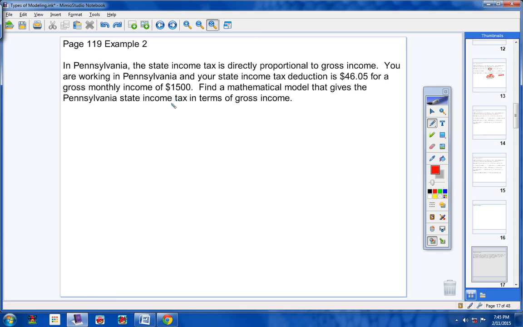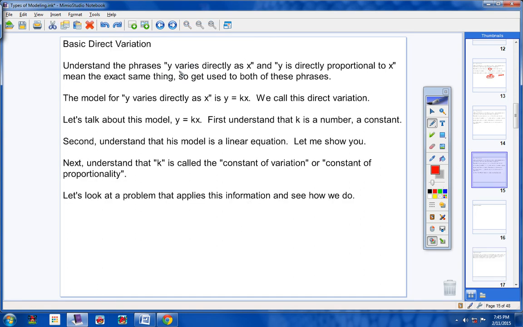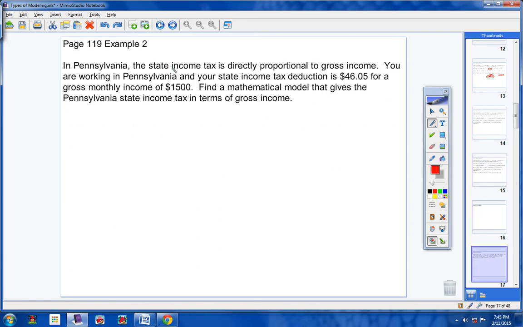So here we go. In Pennsylvania, now look at this expression right here, guys. Remember, we're talking about y varies directly as x, or y is directly proportional to x. Well, look at this. The state income tax is directly proportional to the gross income. That's the same thing as saying y is directly proportional to x.